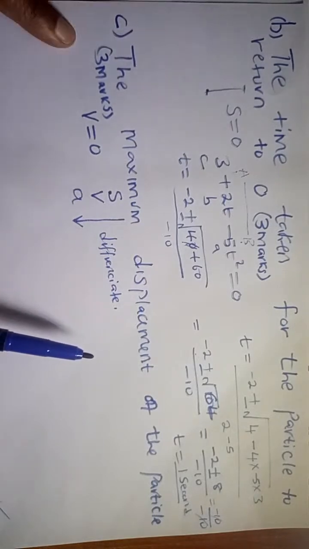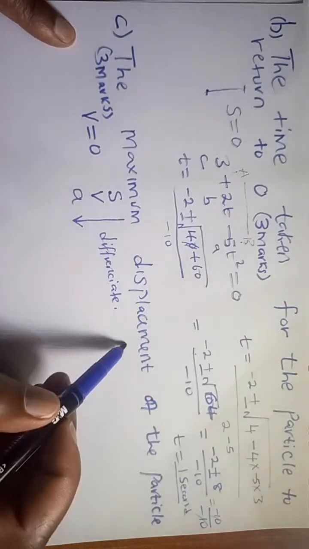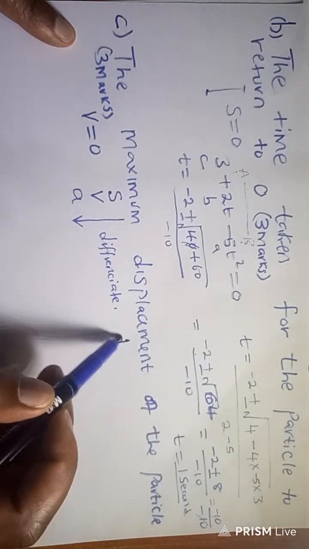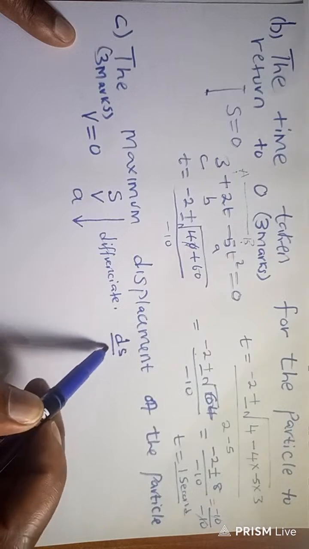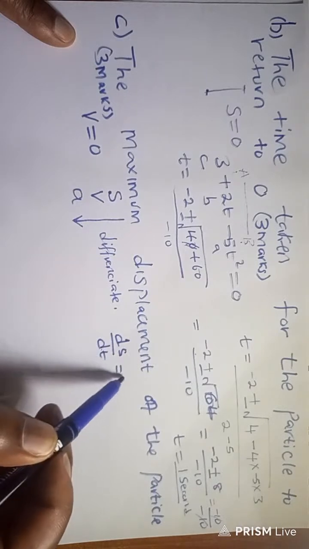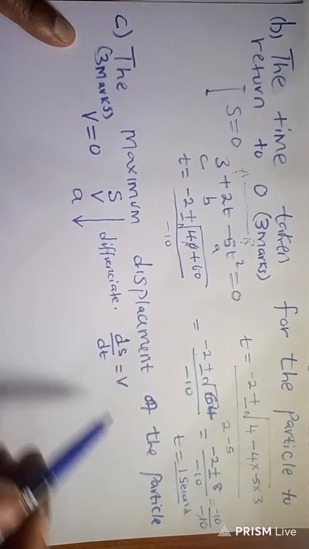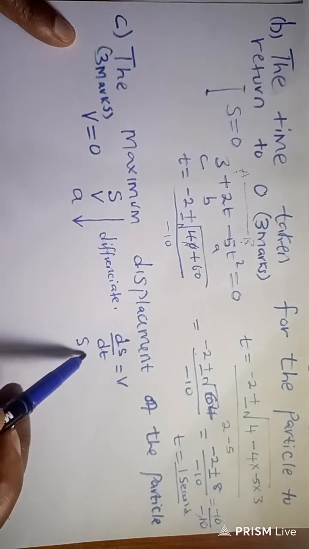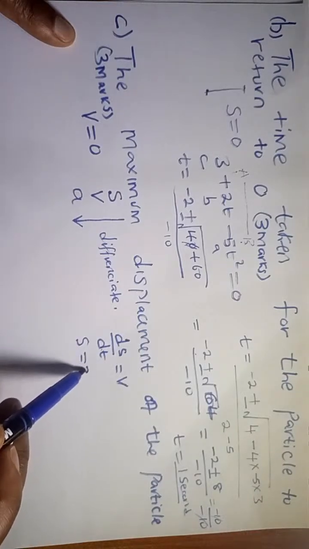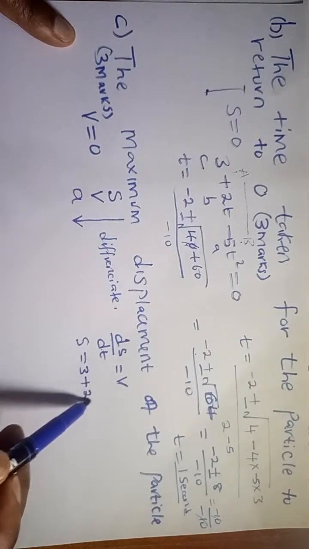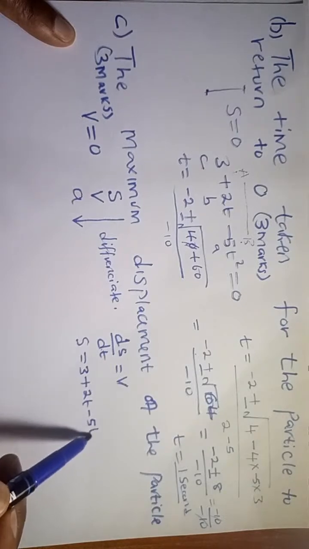So in this case, we have an equation for displacement, so we are going to talk about ds over dt, which is equal to v. So we differentiate the equation of displacement, which is s = 3 + 2t - 5t squared.